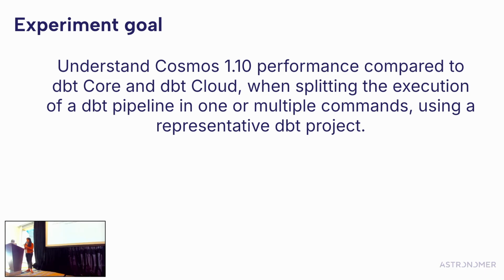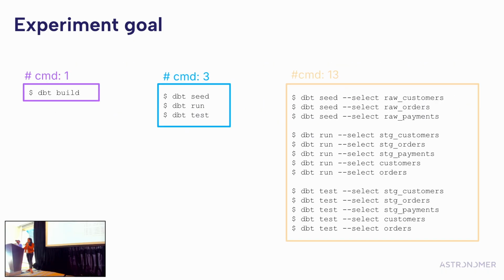And we wanted to understand specifically what happens if we run the dbt commands, just one command for the whole pipeline, or if you broke it down using the dbt CLI, one command per model, per node of the pipeline. Because this is what Cosmos does. It breaks down that pipeline into multiple commands. So we wanted to have those as baselines to understand where we could potentially improve the tool.